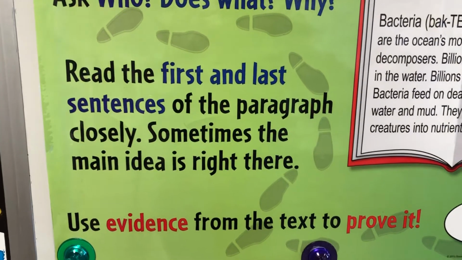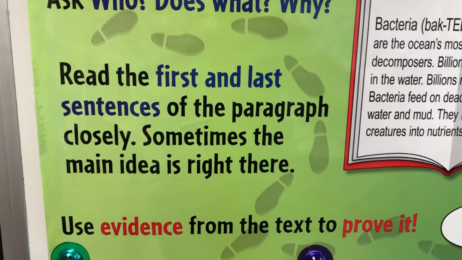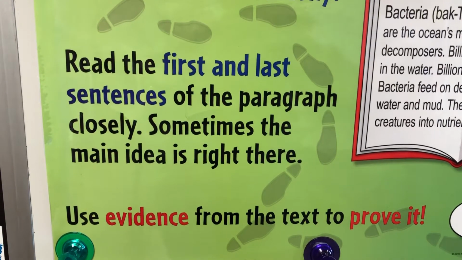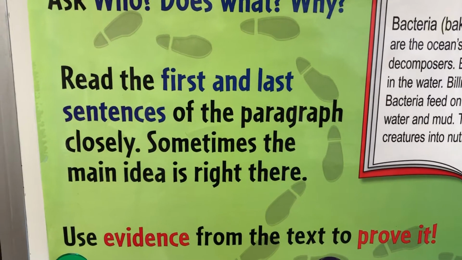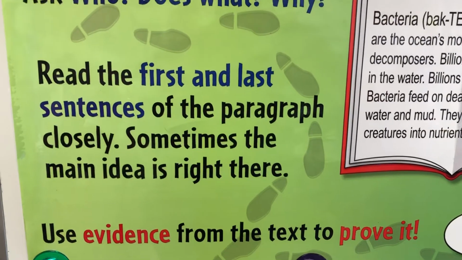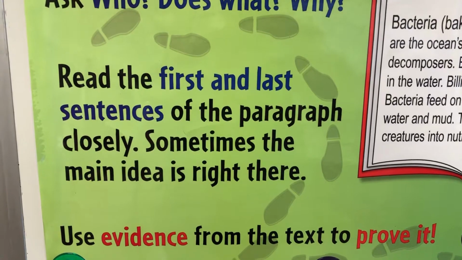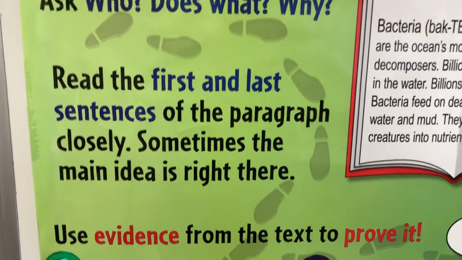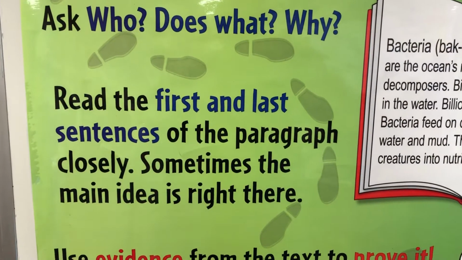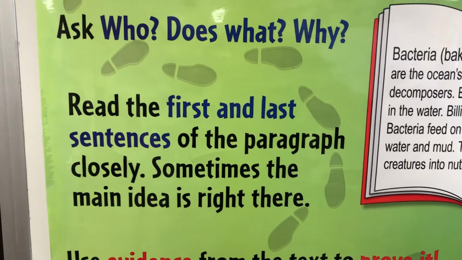And in second grade words, that means to read it 2 or 3 times and really think about it. Sometimes the main idea is either at the beginning of the story or at the end. Mostly with second grade stories or text, it's at the beginning of the story.